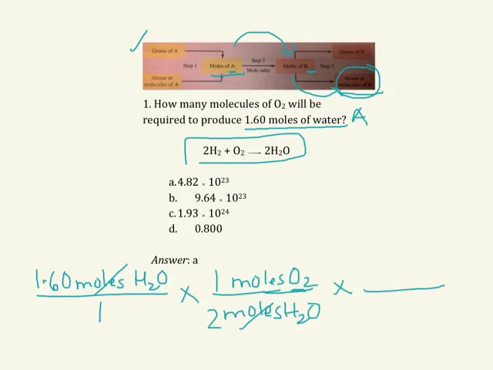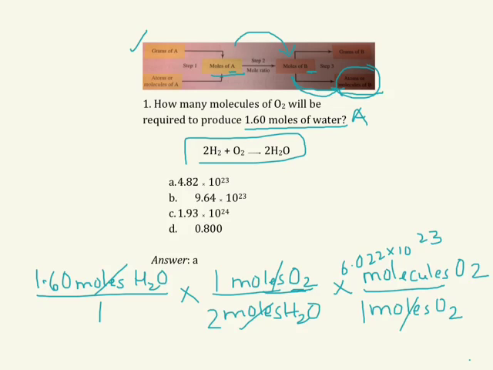And then we're going from moles of oxygen to molecules of oxygen. And 1 mole of oxygen means how many molecules? 6.022 times 10 to the 23rd, which is Avogadro's number.